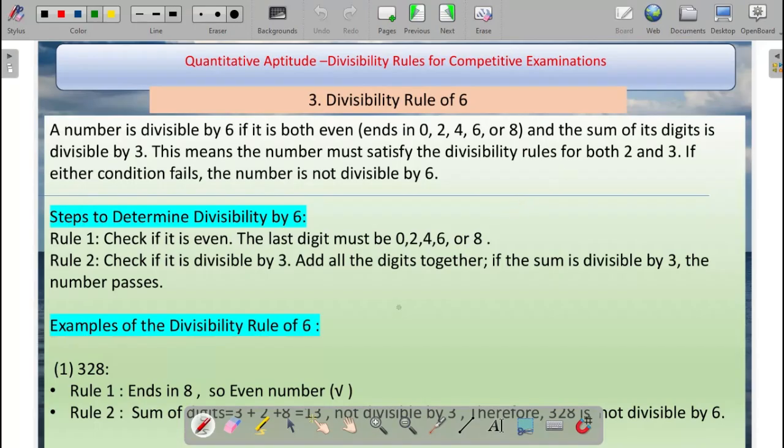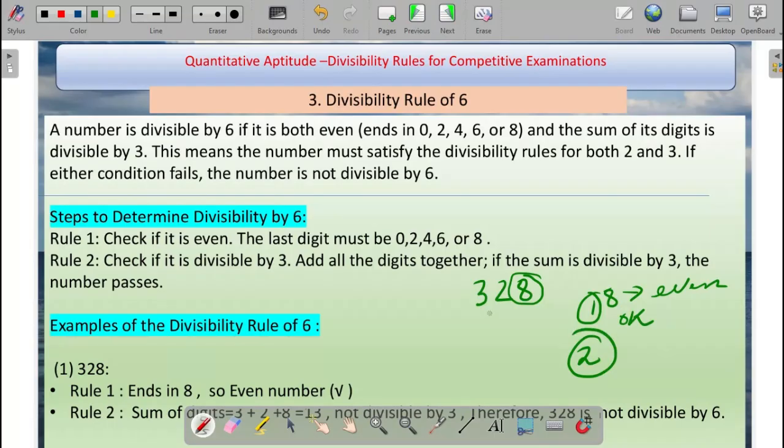Say, here is one example, 328. First what we will do? First we will see whether the last digit is even or odd. Now here 8 is even. So it is divisible by 2. So first step, it is okay. Now second step, we will make the sum of all the digits.